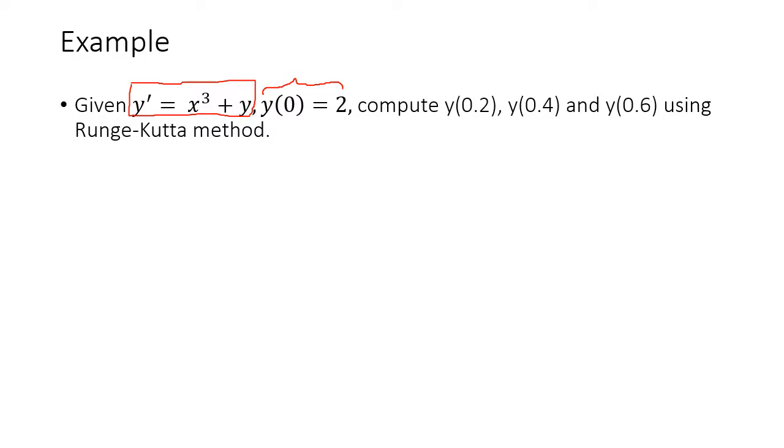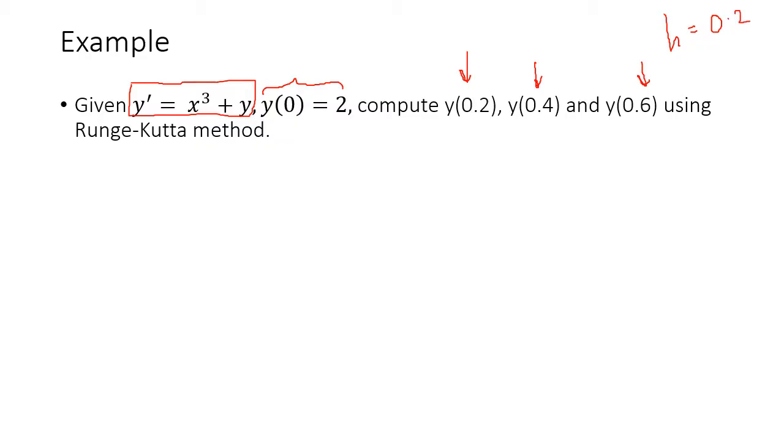Using Runge-Kutta method, we want to compute the value of y at x equals 0.2, at x equals 0.4 and at x equals 0.6, and it is quite obvious that we are incrementing the value of x by 0.2, and hence the step size in this problem is 0.2.